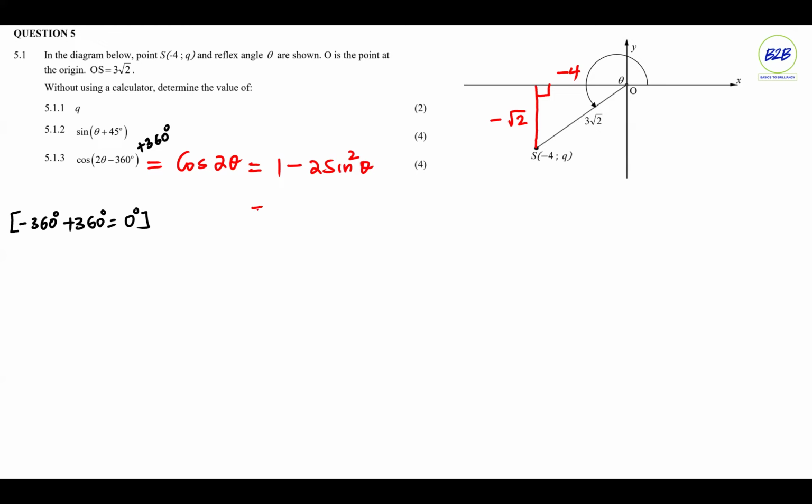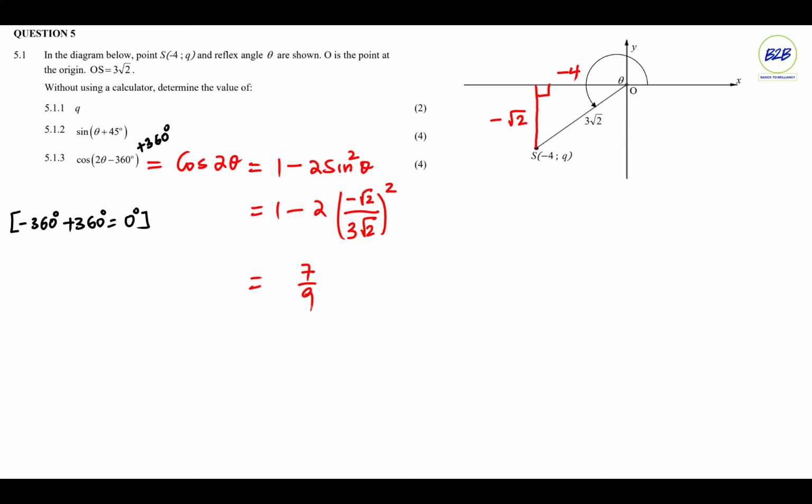And then we will say that is equal to 1 minus 2, open up a pair of brackets, and within those brackets, we will substitute the value of sine theta, which is opposite, that is negative root 2, over the hypotenuse, which is 3 root 2. And if you are the guy that prefers to use a calculator, you can then say 7 over 9. If you prefer to do it mentally, you are more than welcome to do so.